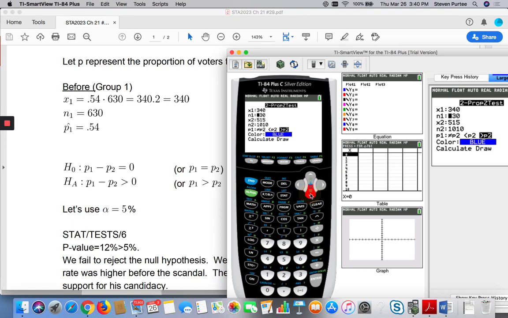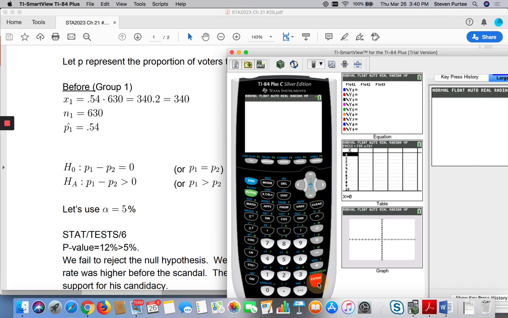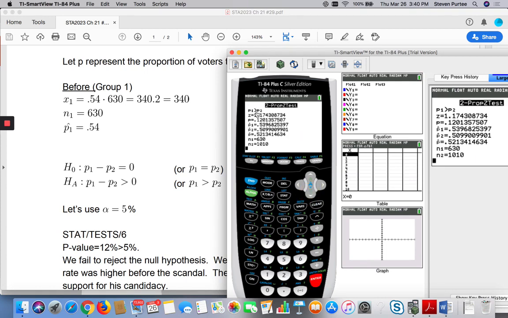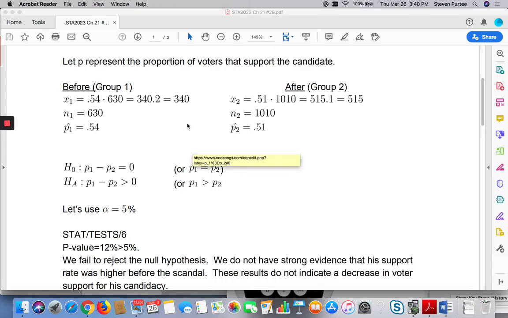And then we hit calculate. And all we care about here, we should check and make sure our P1 hat and P2 hat are accurate. They are. What we care about right here is the p-value. That's the probability of getting this sample if the null hypothesis is true. All right, so that's 12%.